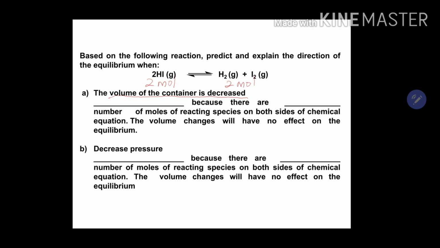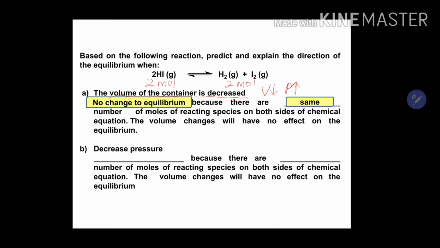We know that when the volume is decreased, the pressure will be increased. So what happens to the equilibrium? In this case, no change to equilibrium. Why? Because there are the same number of moles.